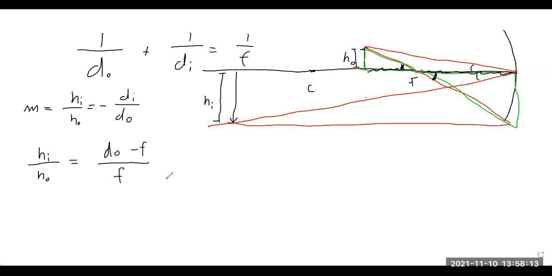So in order to solve for what our image distance needs to be, we have two different things which the image height divided by the object height must be equal to. So setting them equal to each other, pretty cool.